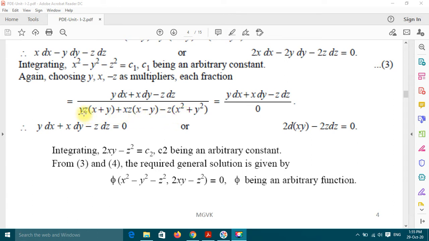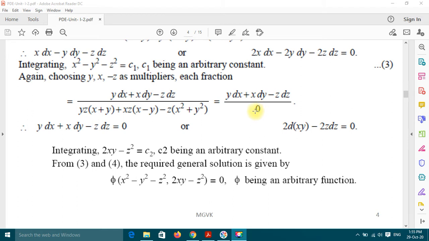Multiplying in the brackets, xyz and y square z, then x square z minus xyz, so xyz and xyz are cancelled out. Minus x square z has a negative sign and here x square z has a positive sign, so they are cancelled out. And minus y square z has a negative sign, and here y square z has a positive sign, so they are cancelled out, so we get 0 in the denominator.